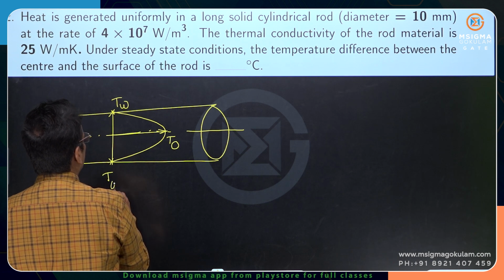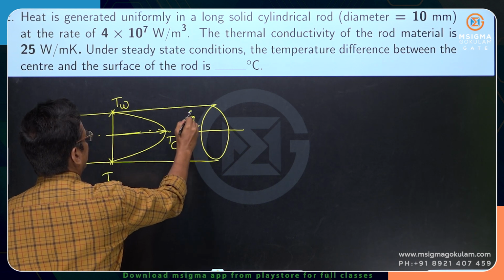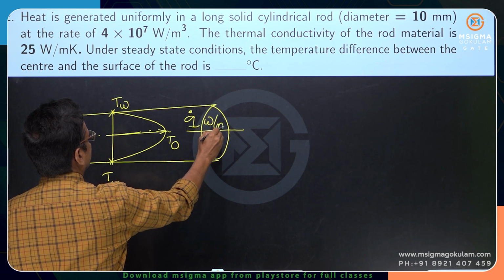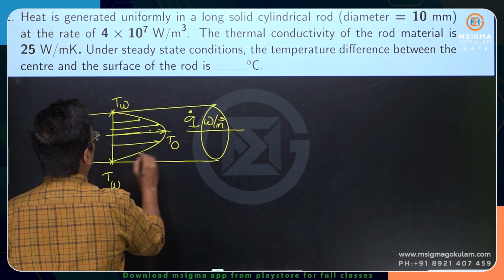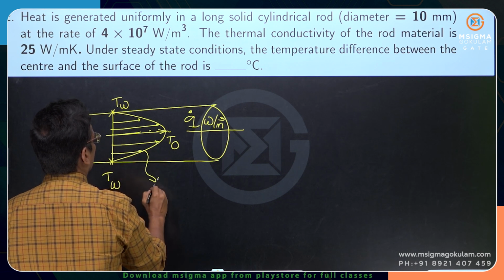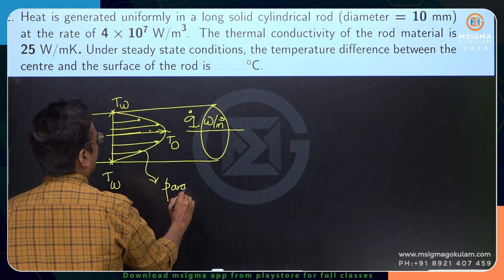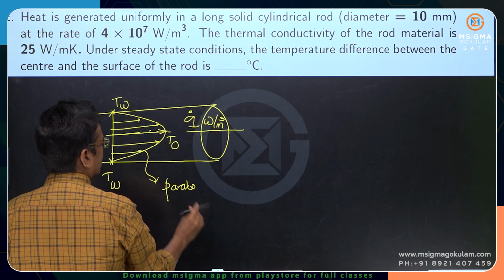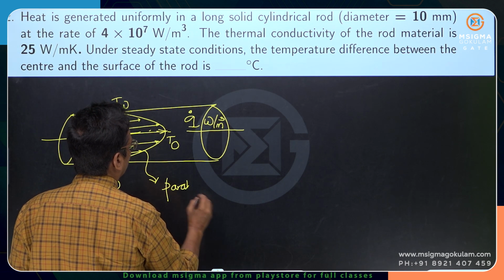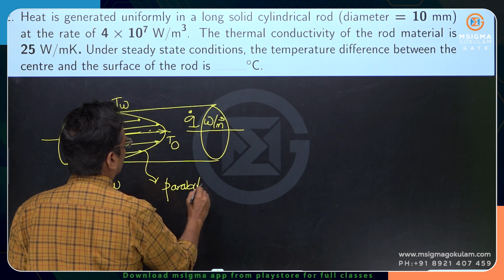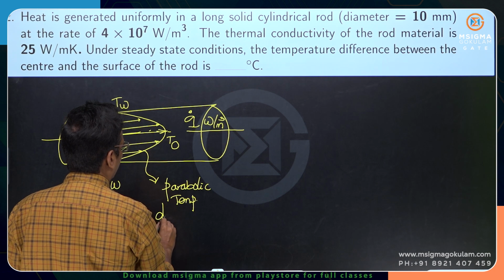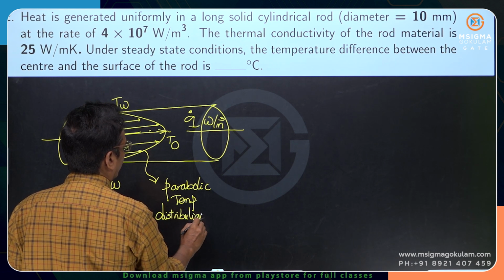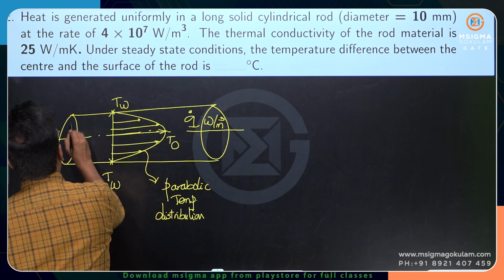Whenever there is uniform heat generation inside a rod, this is the temperature distribution. What is the distribution? The temperature distribution is parabolic, where R is the radius.